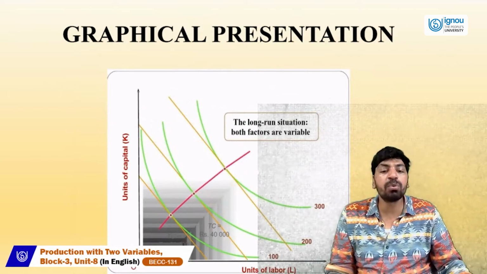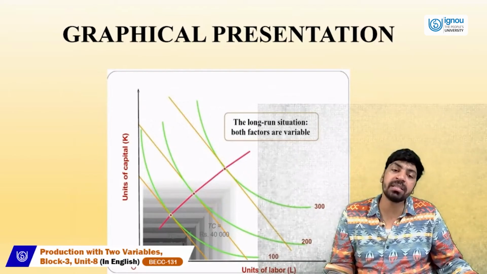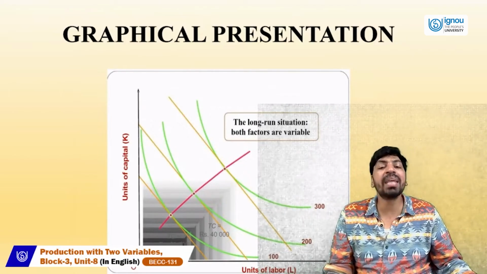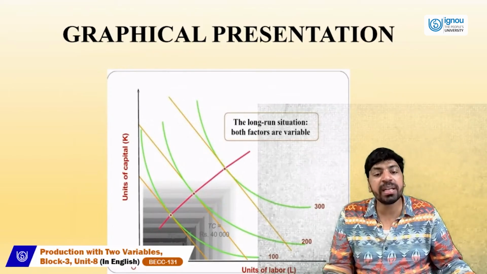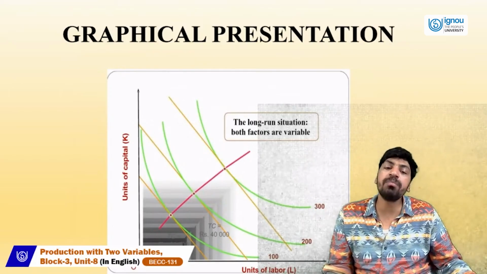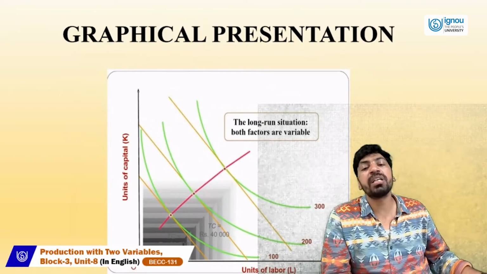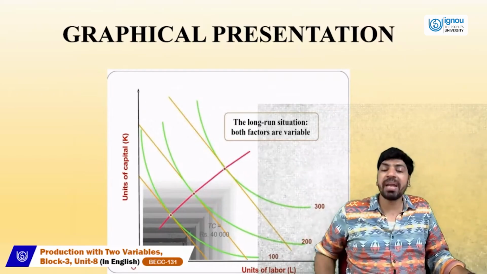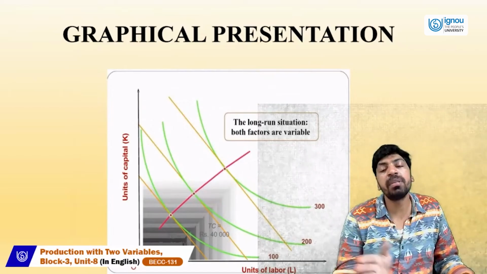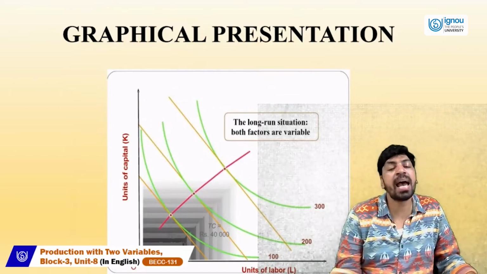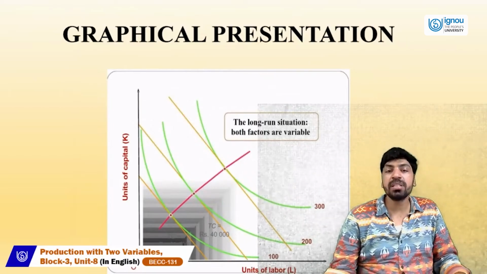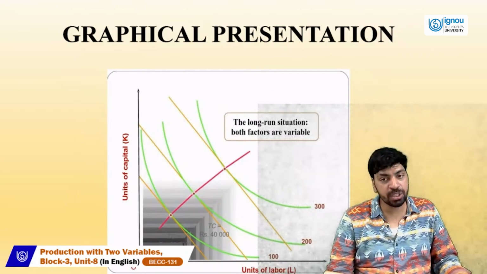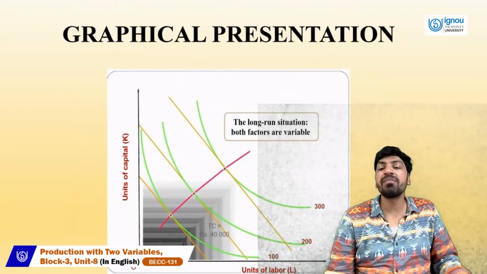The black portion which has been drawn is called the optimal portion, where the firm can produce these units at the center point of the original budget line, and this also depends upon the demand for one or other inputs as the case may be. So this is a graphical representation of the long run situation when both factors are variable.